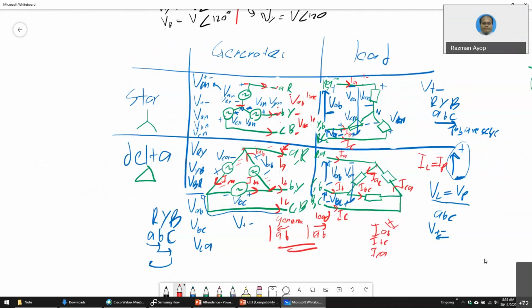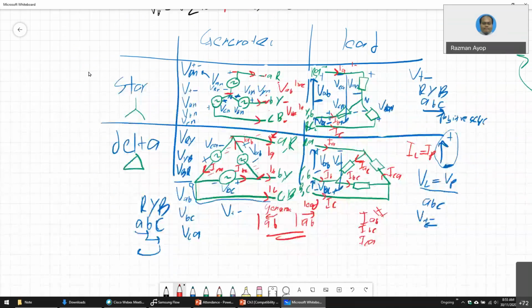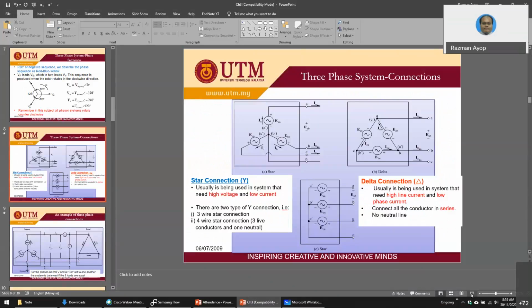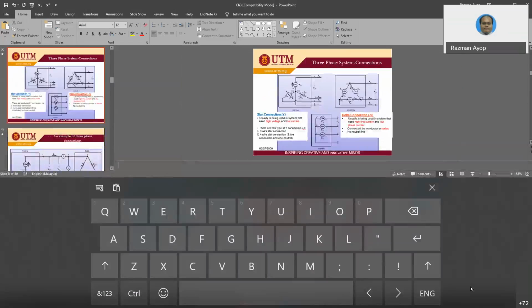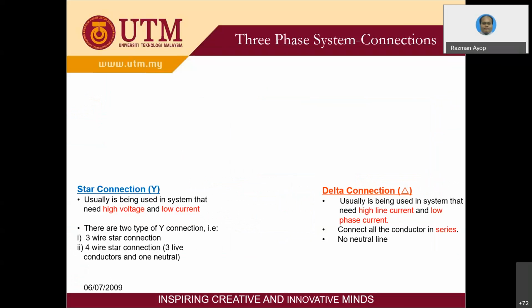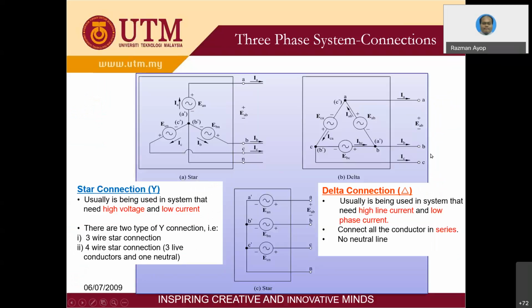You have to draw to understand the question. So this is what star delta connection is. You have to know how to draw this.